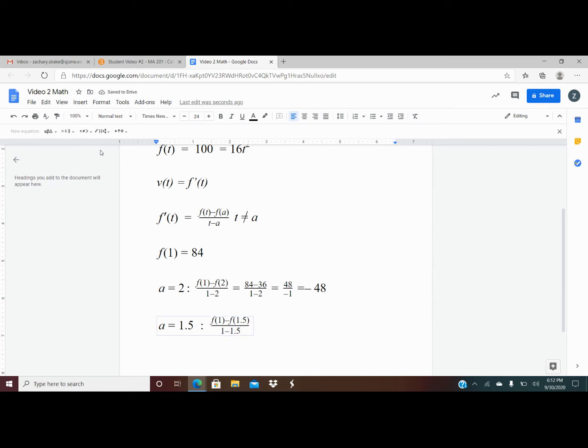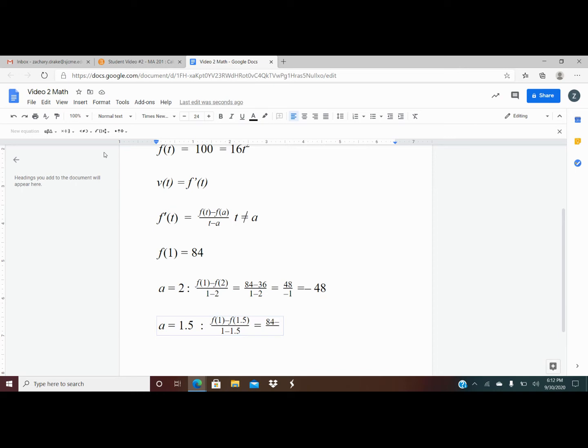Like we established before, f of 1 is 84. 1.5 times 1.5 is 2.25, times 16 would be 36.